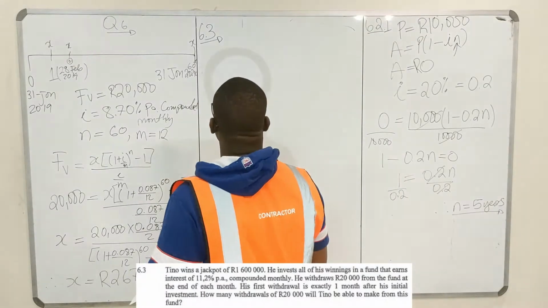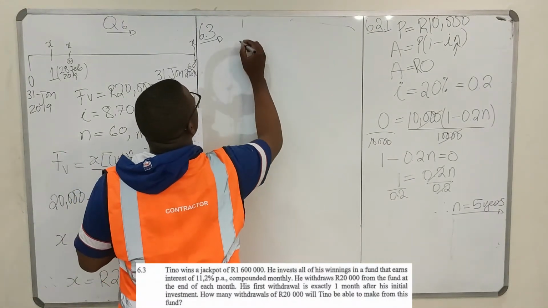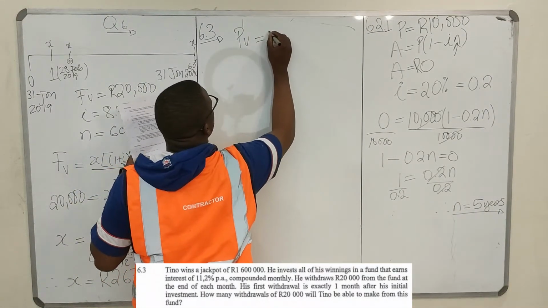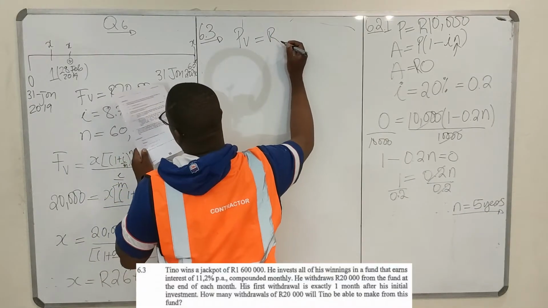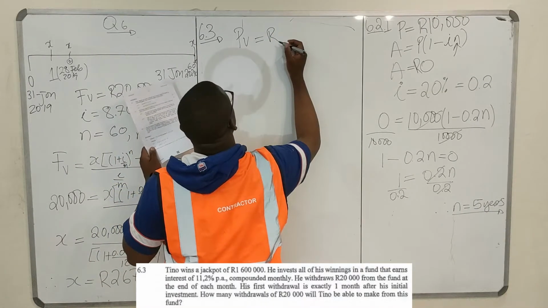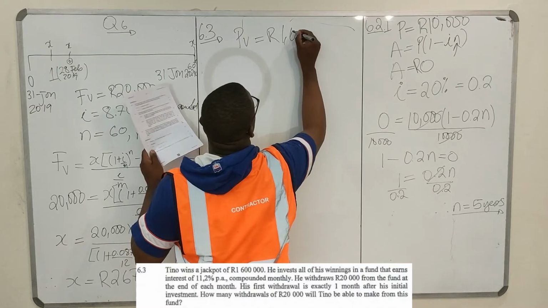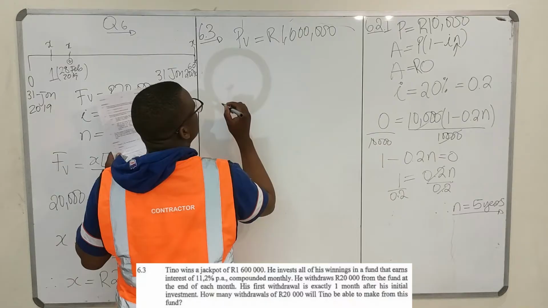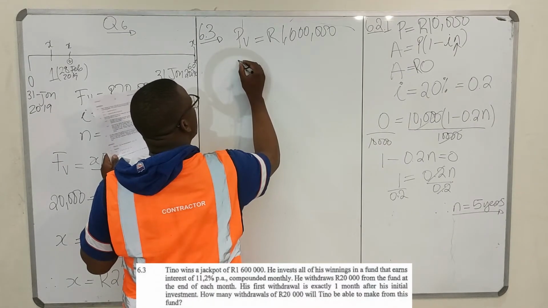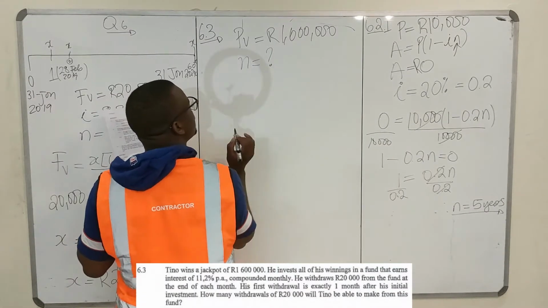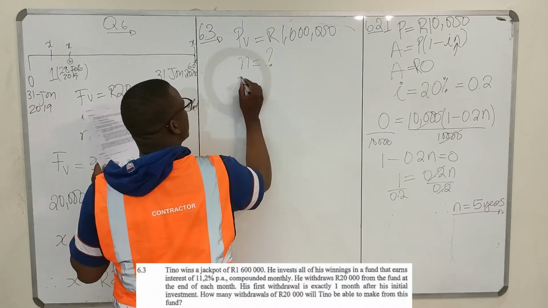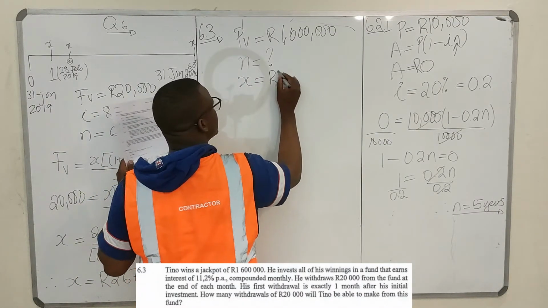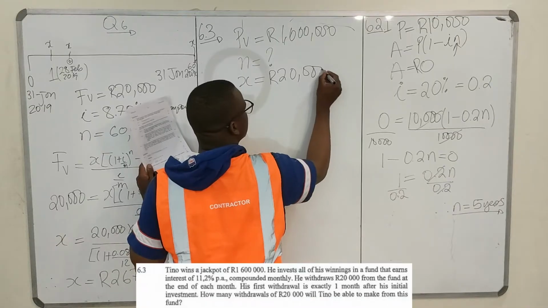So here we have the present value of this investment to be 1.6 million, right? We want to know how many withdrawals he'll be able to make, but we know he will be withdrawing 20,000 each month.